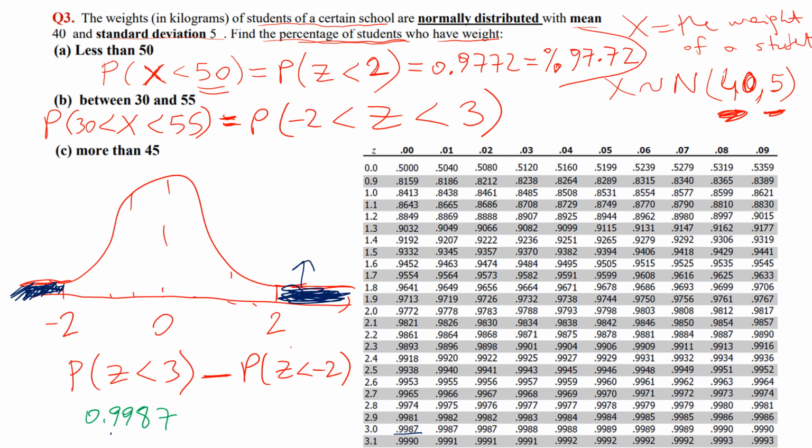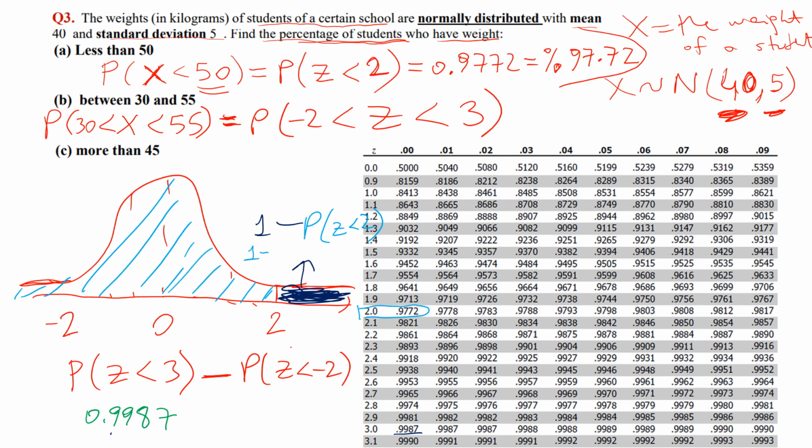This is 1 minus all this blue part. So I will subtract this part, which corresponds to the probability that z is less than 2. And P of z less than 2 corresponds to 0.9772.